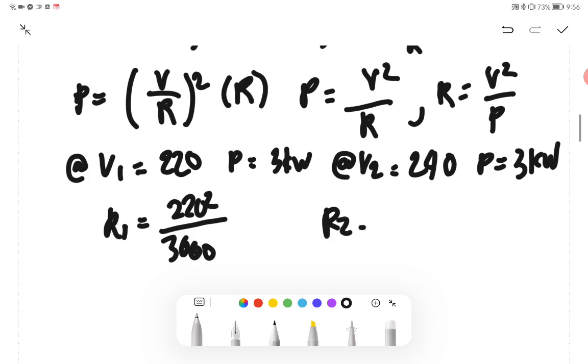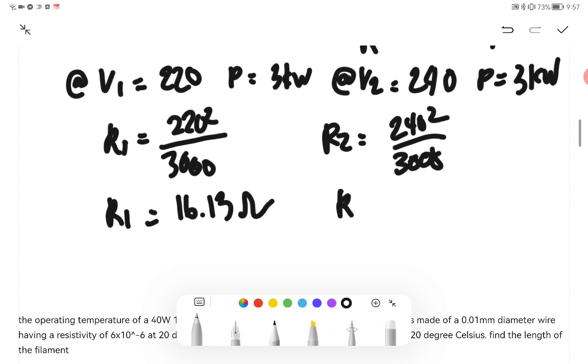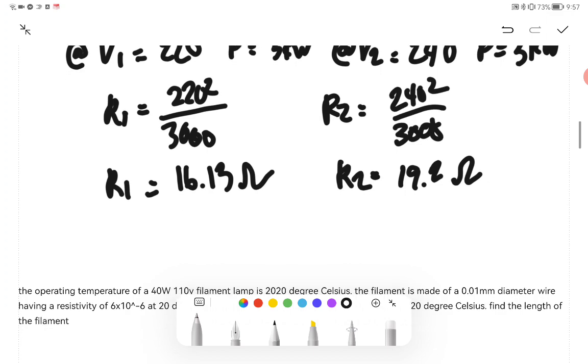Our R2 is equals to 240 squared all over 3,000. So we will obtain the value of R1, which is 220 squared divided by 3,000, which is 16.13 ohms. R2, which is 240 squared all over 3,000, we have 19.2 ohms.